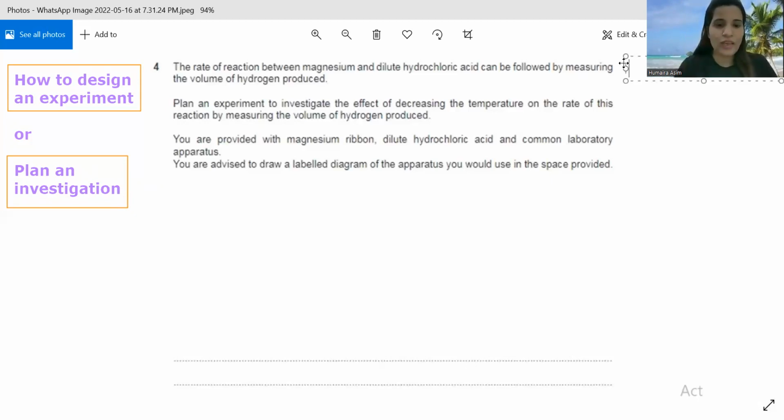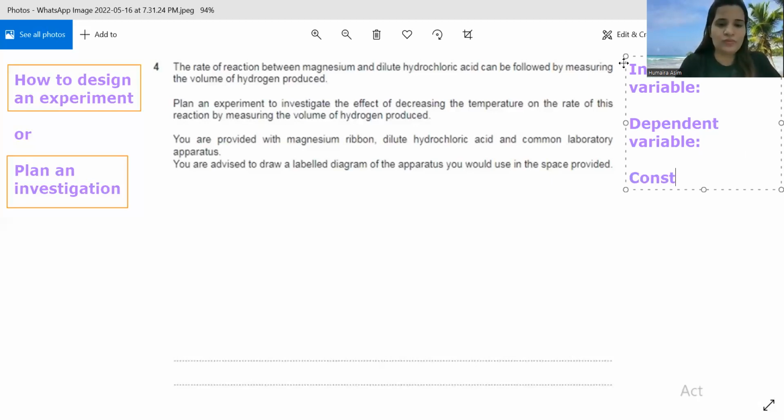Okay, what are they? Independent variable, dependent variable, and constant variable. These are the 3 variables that we will be talking about.